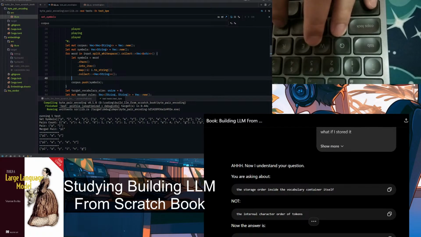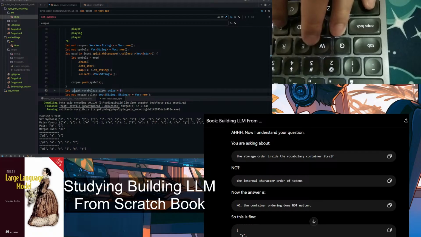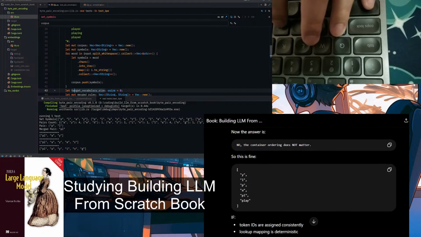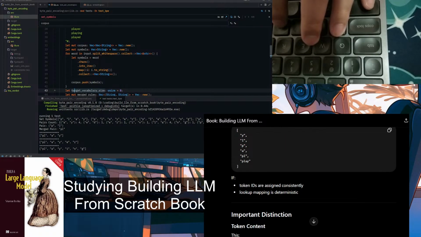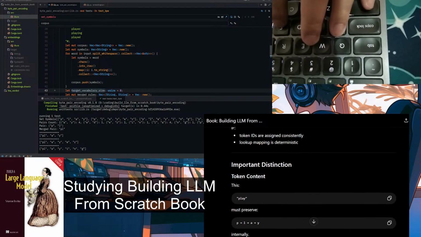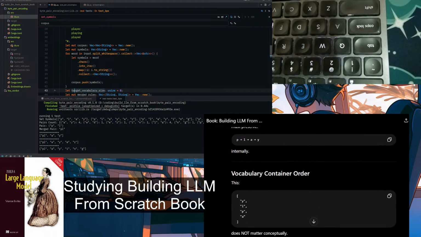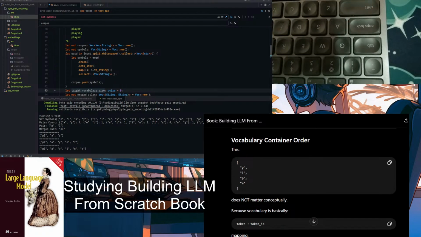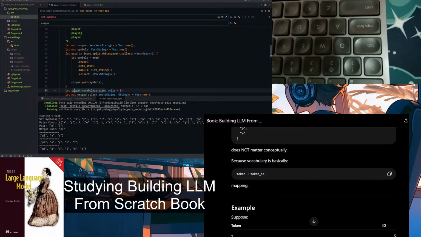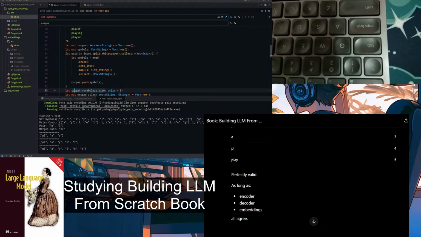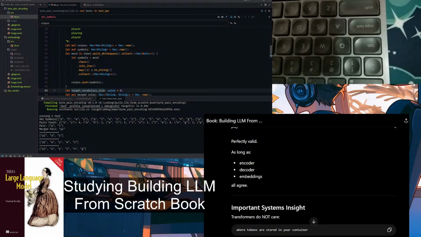Hindi po ako marunong. What do you mean by that? The storage order inside the vocabulary container is not important. So now answer no, the container order does not matter. So if token IDs are assigned consistently, lookup mapping is deterministic. The vocabulary container does not matter conceptually because vocabulary is basically a token set, as long as encoder, decoder, and embeddings all agree.